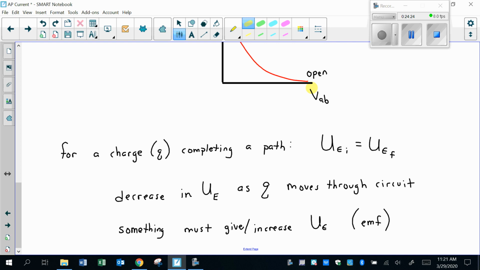So to end this slide, for a charge Q to complete the path, think about it, one charge is going to go all the way around at some point. It's going to start somewhere. It's going to connect to a battery. It's going to start marching, start moving, and eventually make it all the way around. So wherever it is at the beginning, it's going to be the same spot at the end, which means that it's going to use up energy as it goes through the circuit, but it's got to gain energy somewhere.